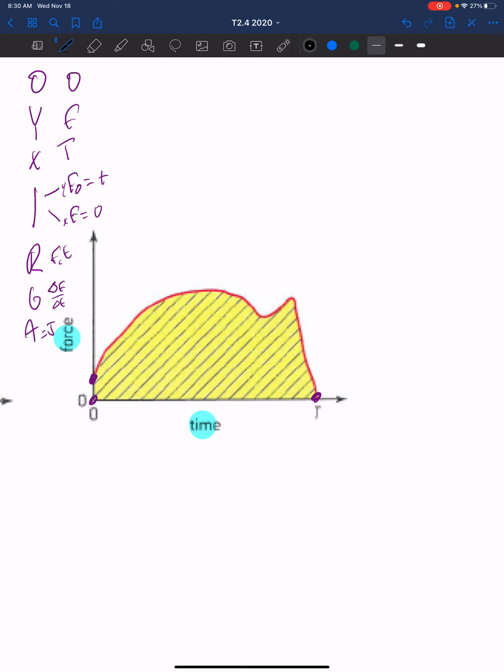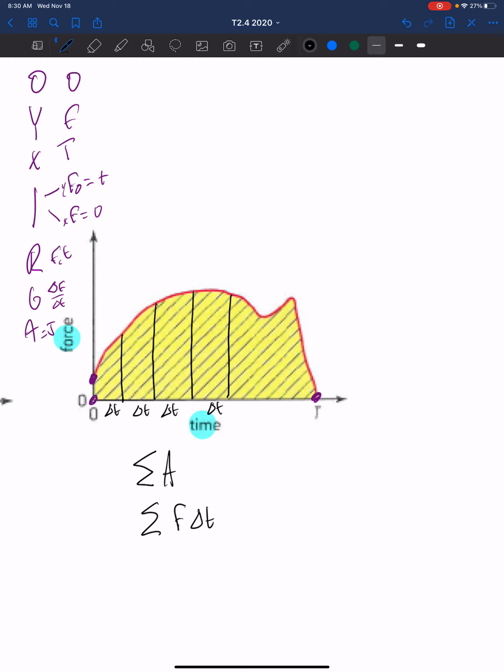So what we can do is break this up into little pieces and find the area of those little pieces. So we can take the sum of the area of the little pieces. And some of those areas will be the F value we use times the delta T's, like so.